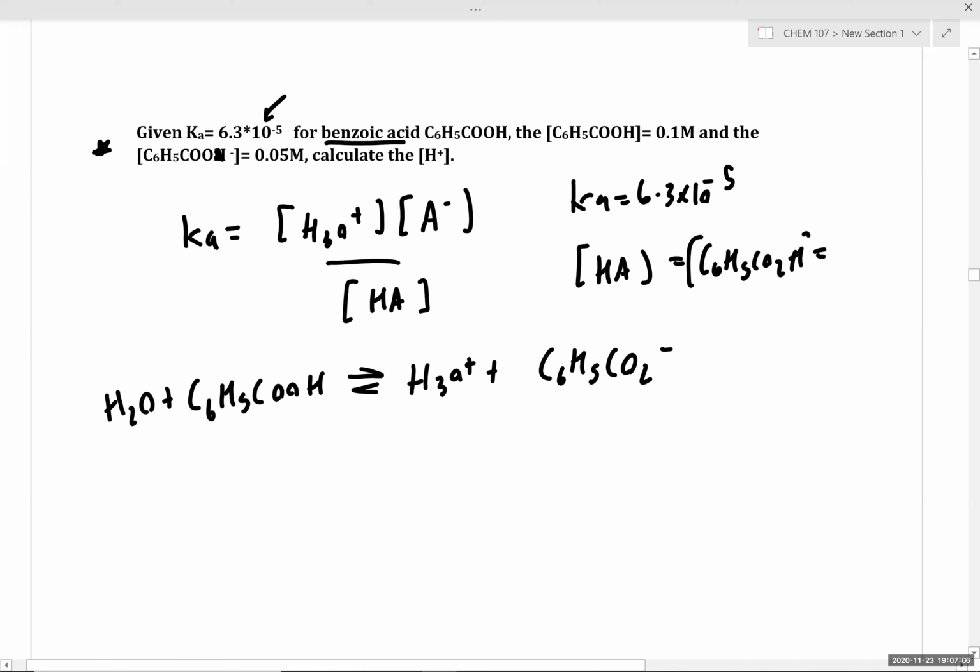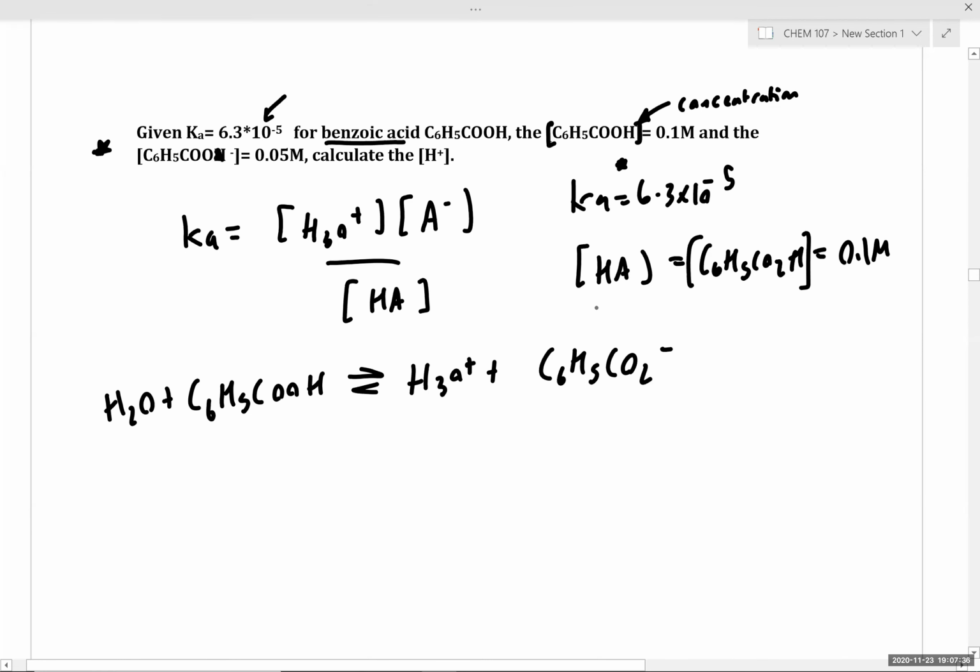And what is the concentration of benzoic acid that we're given in this problem? 6.3 times 10 to the negative 5. That's our Ka value, and that's important to know. But what's the concentration? Remember, when we put something in brackets, we're describing concentration. What's the concentration of benzoic acid? 0.1 molar.